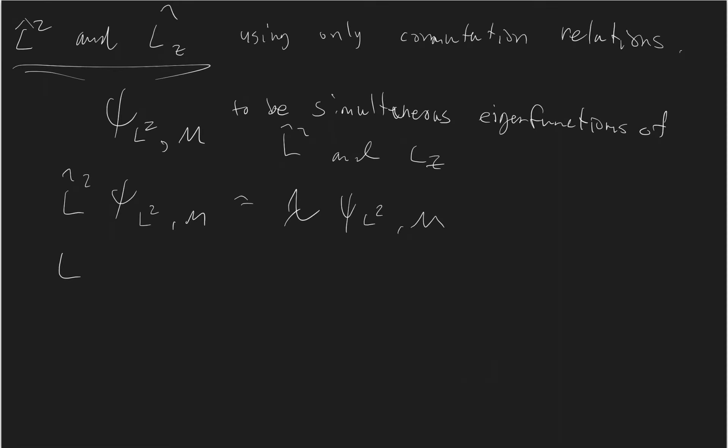So it looks something like this, and it must also satisfy this for the reading that we're getting on that one component of the angular momentum. And so we have L z psi m is equal to capital M psi m.